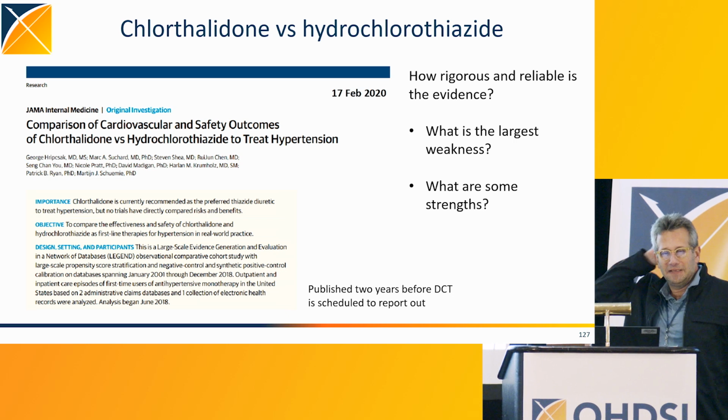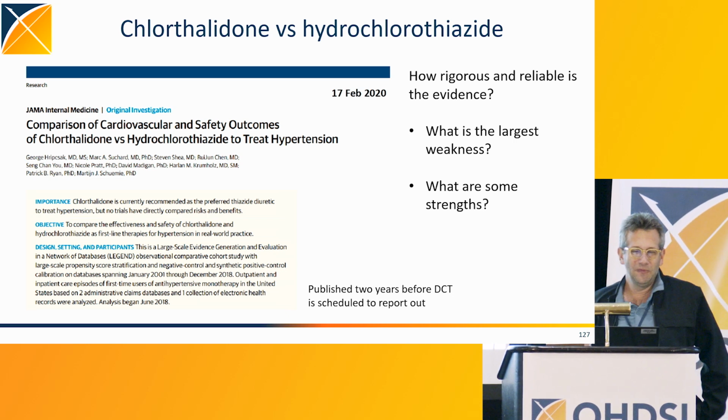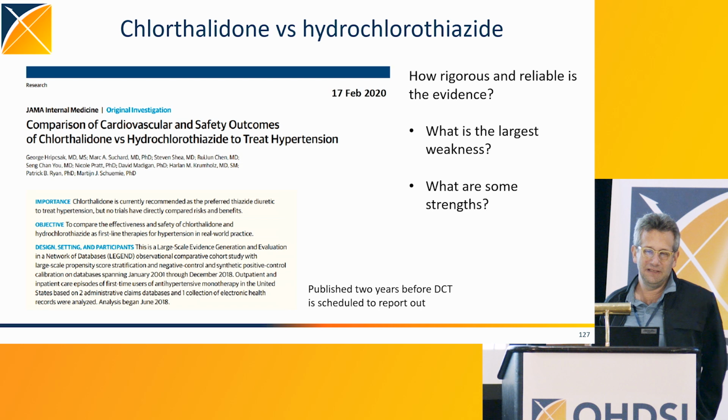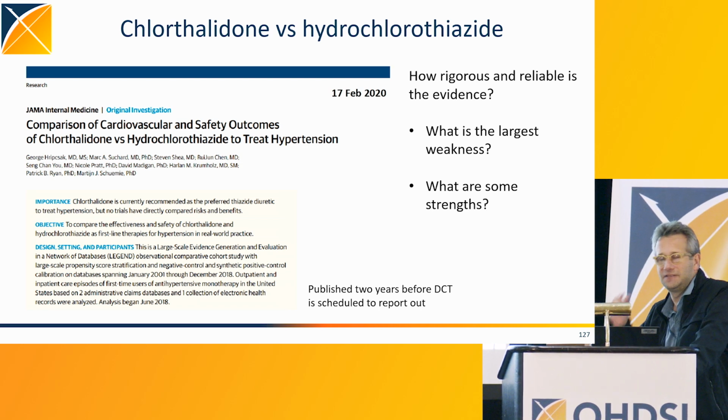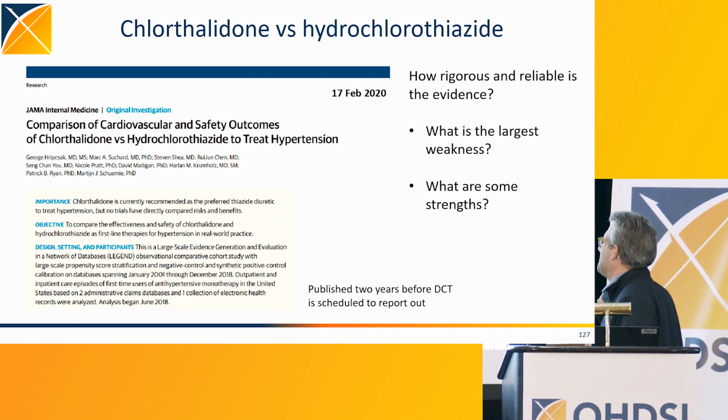So I twisted George's arm, and we published the results of our comparison in this JAMA Internal Medicine paper, which we're all reading right now, or at least you have it up on your screens. And the important thing to remember is this was published like 2 years before the VA randomized controlled trial was scheduled to report out.